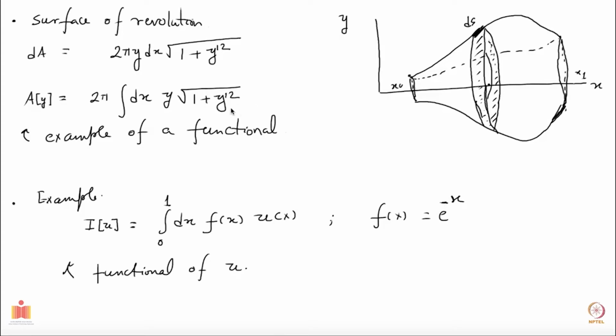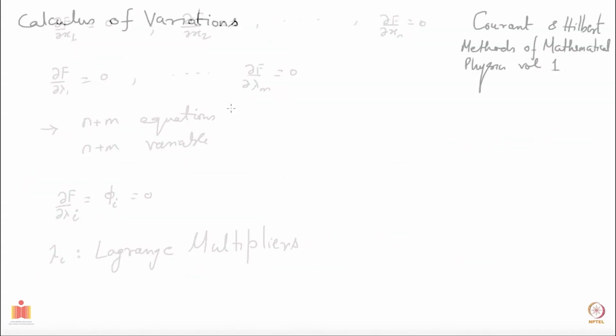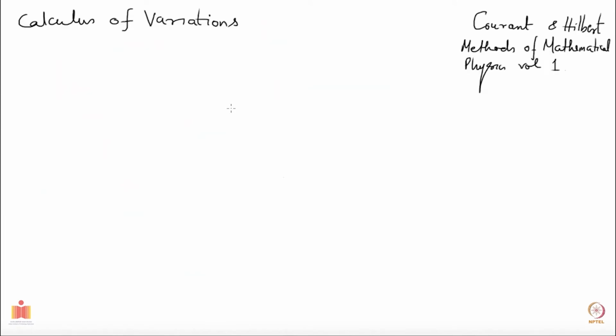So you again need to minimize an integral of this kind. In general we are going to be looking for minimizing or extremizing integrals which are of the following form.